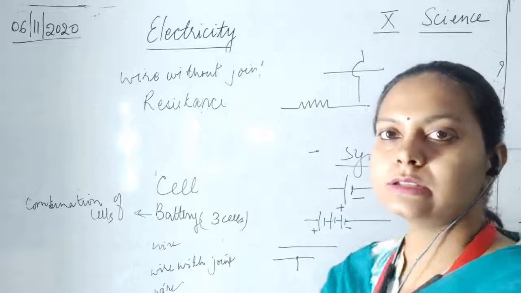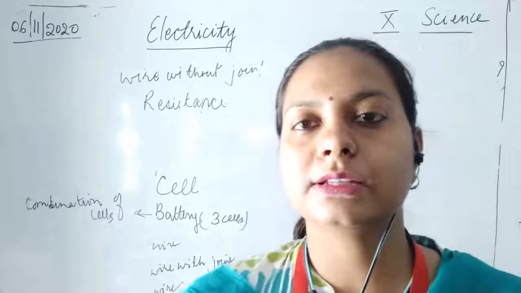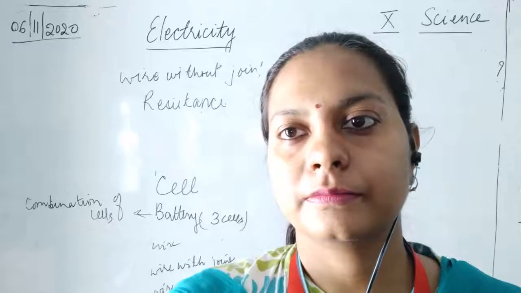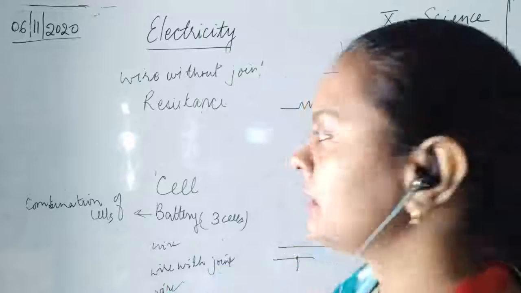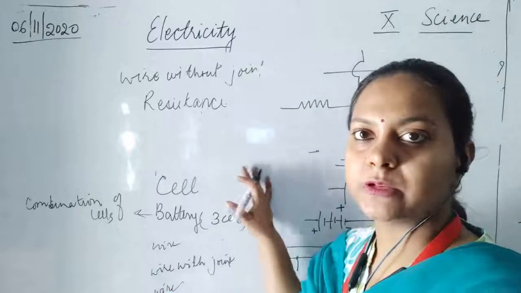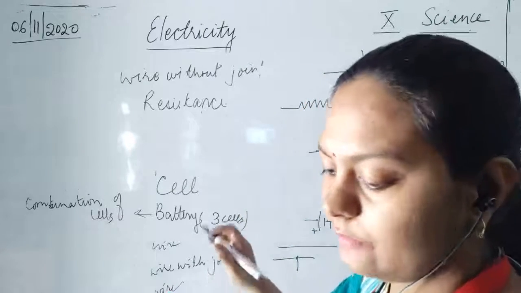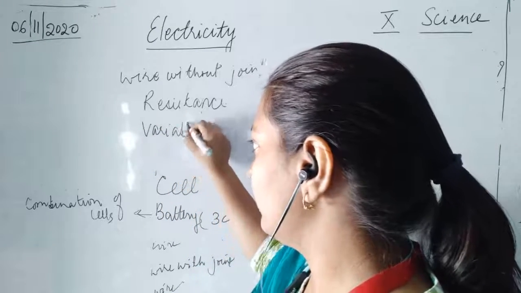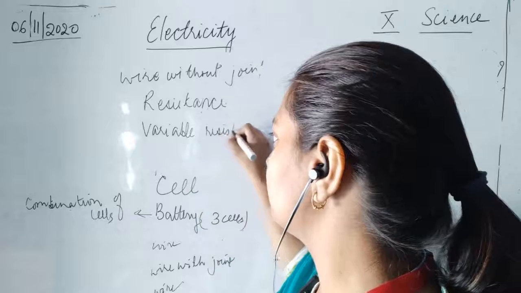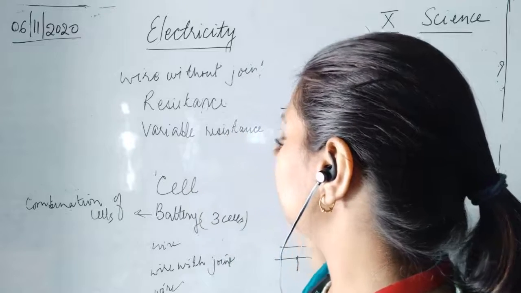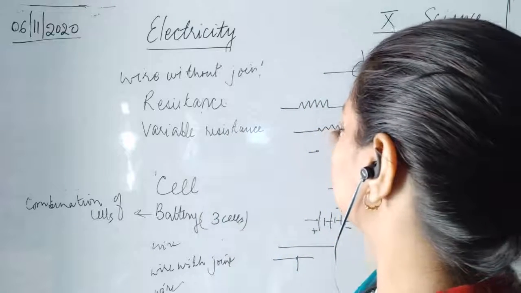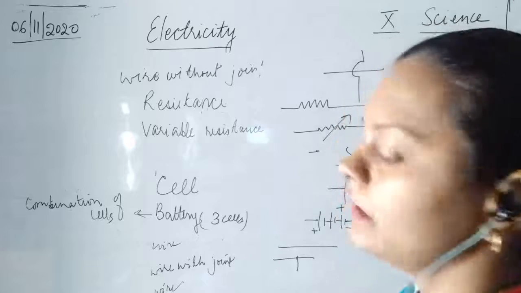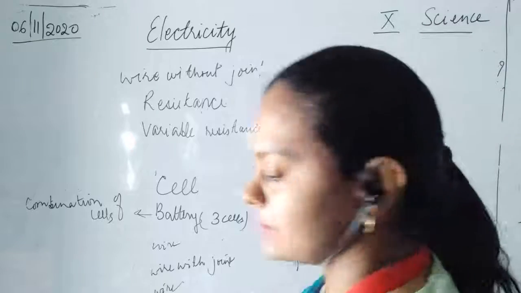Okay, with this you can easily draw the symbols. I think it will be more visible. Okay, so next we can say variable resistance. How will you draw variable resistance? You draw the resistance with an arrow. Got it? This is known as a variable resistance.